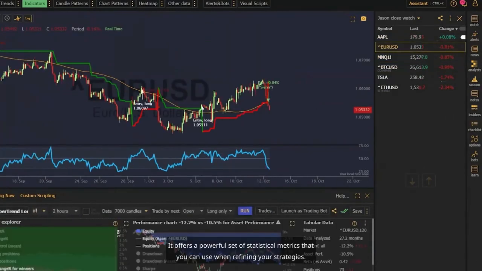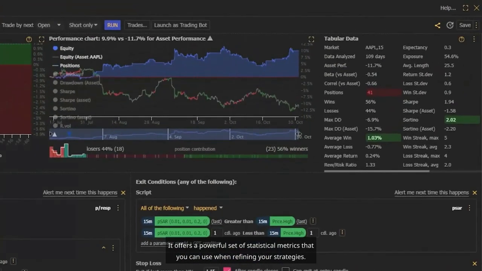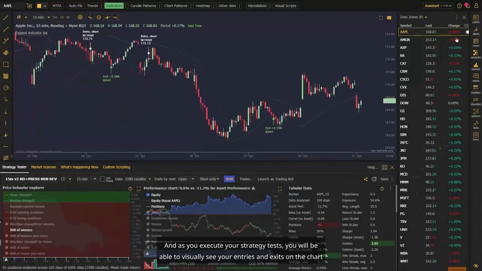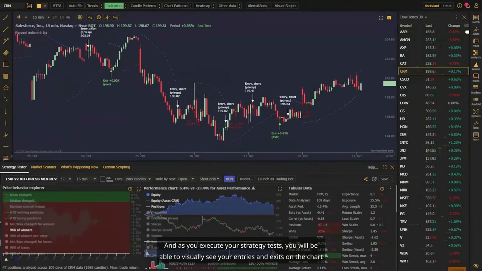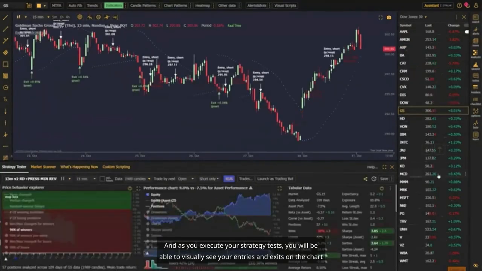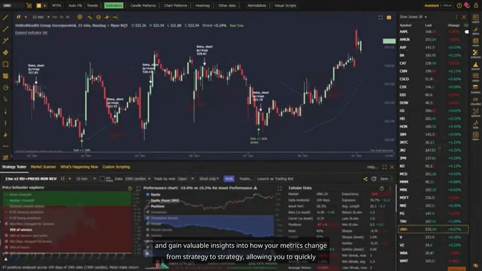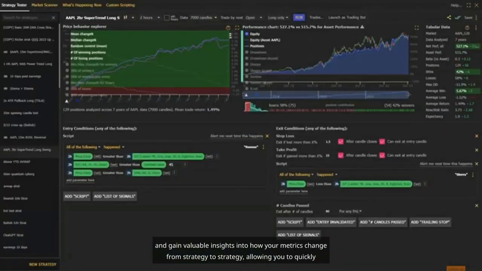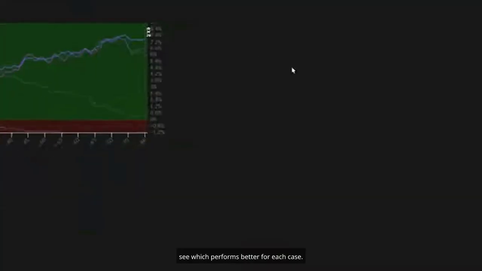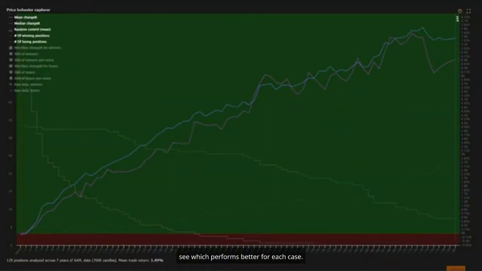It offers a powerful set of statistical metrics that you can use when refining your strategies. And as you execute your strategy tests, you will be able to visually see your entries and exits on the chart and gain valuable insights into how your metrics change from strategy to strategy, allowing you to quickly see which performs better for each case.